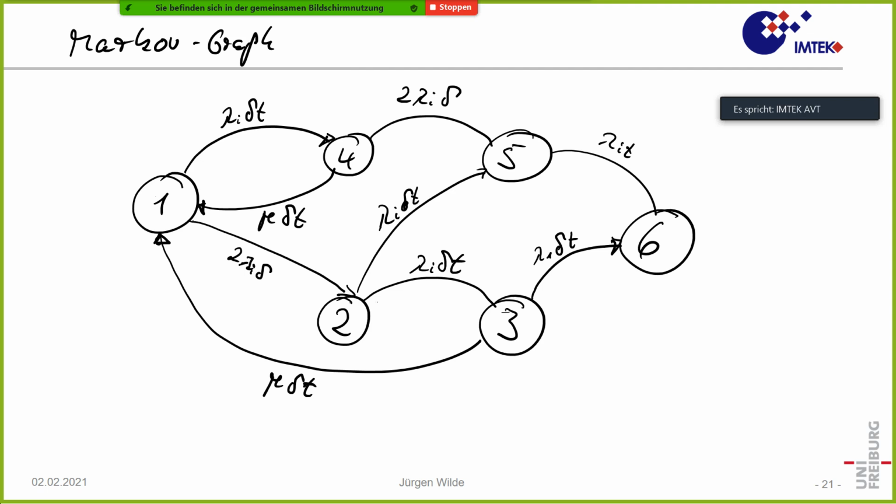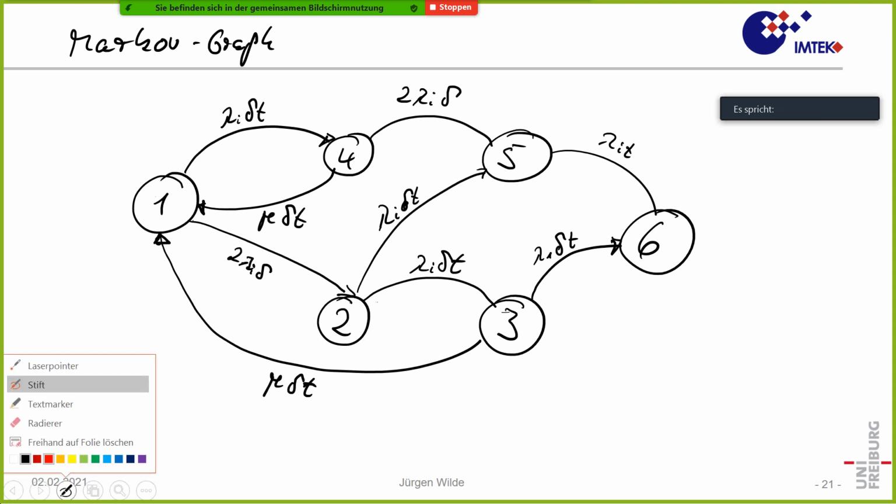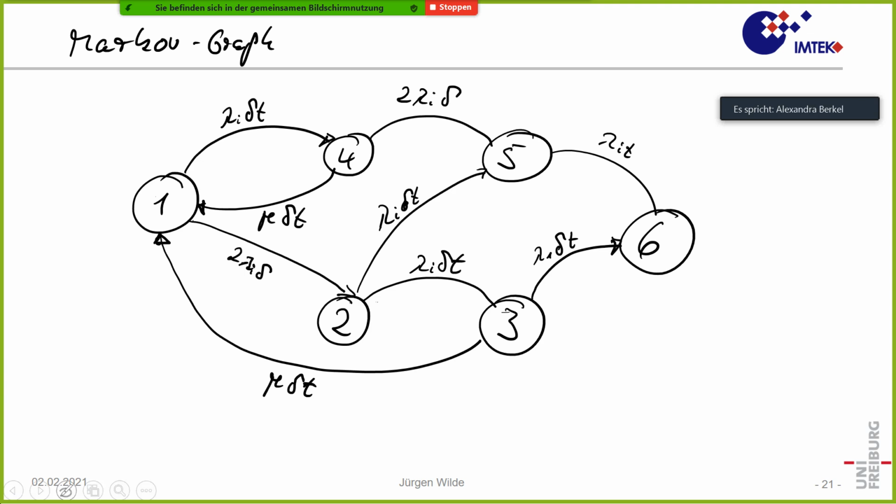So where is the system failed completely? State 3 also? Okay, yeah. But we must include all the ways back. So let's say we can.